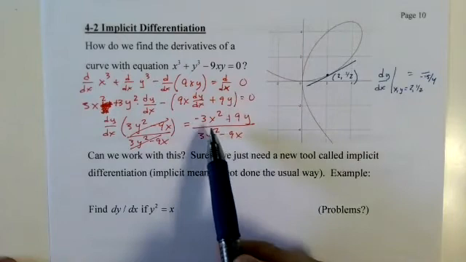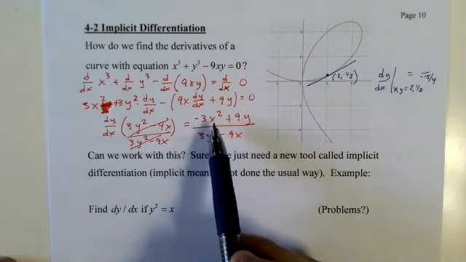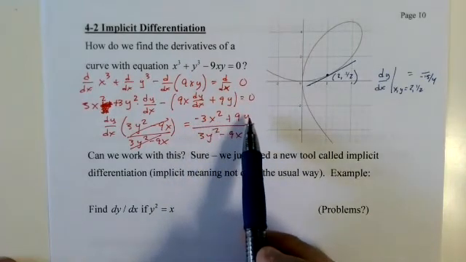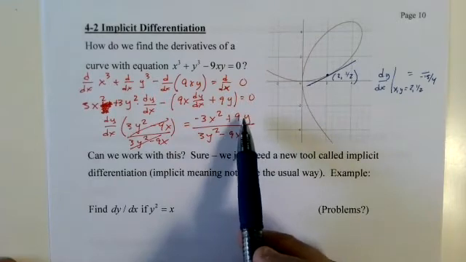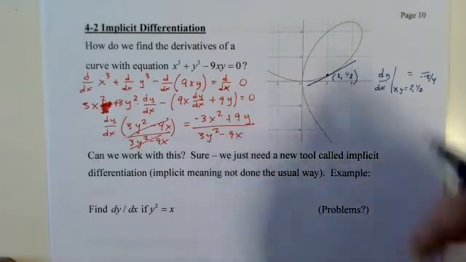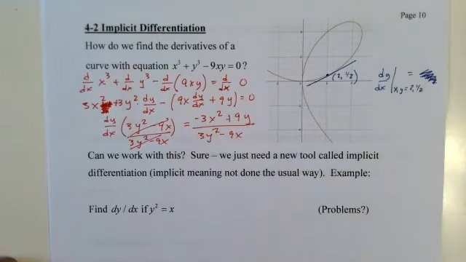And on the top, we would get negative 12 plus 9/2. Assuming I did that right, which I don't really trust myself. That's so wrong. Enough of that.